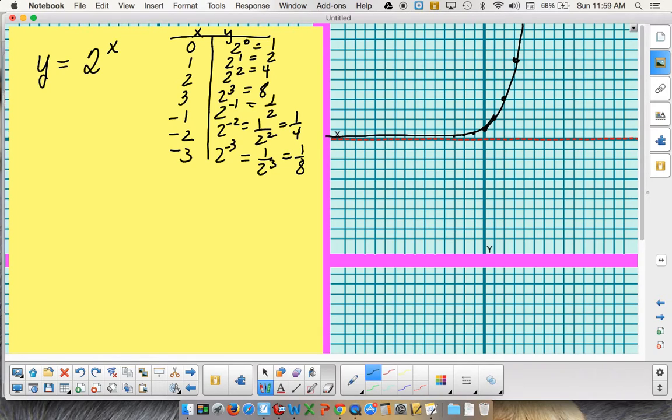We call that exponential growth because it's growing very quickly. Now, you might also remember back in the good old days, we talked about exponential decay as well. And that is when we made our graph fall.